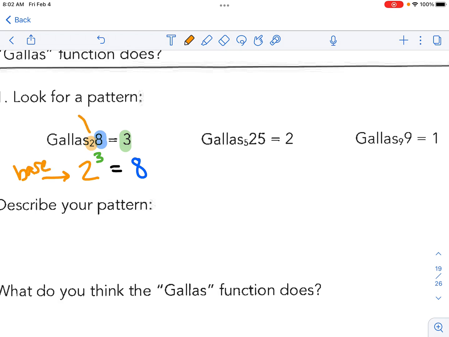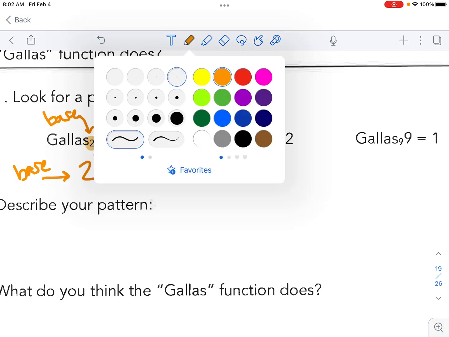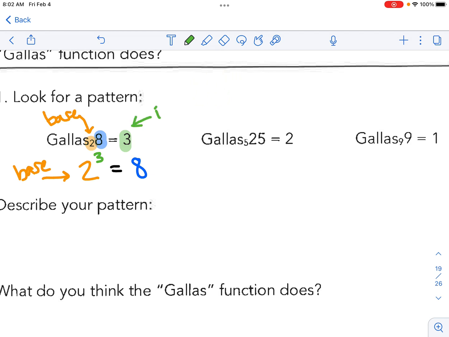We call that the base. That's what the 2 is called in exponential terms. And of course 3 is the power, because it shows up in the power spot. And the 8 is whatever answer you come up with from that exponential, so I'm just going to call it the answer to that exponential question.